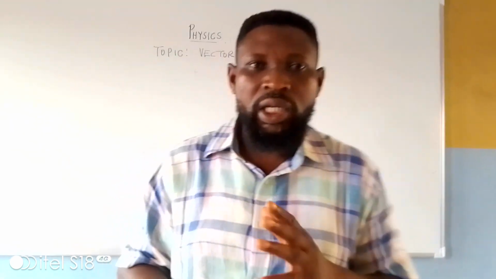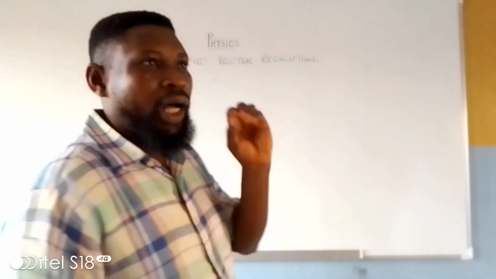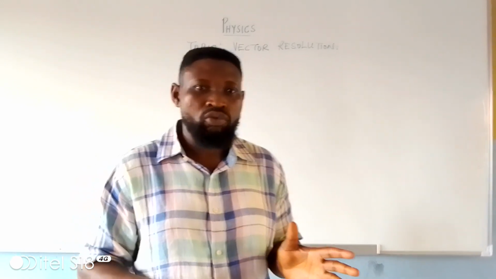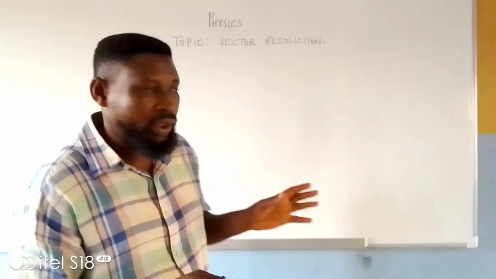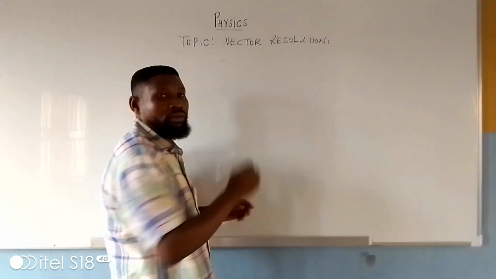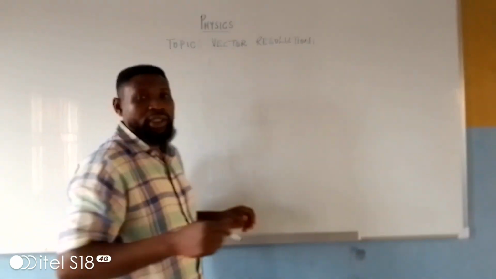The first case is when two forces are acting in the same direction. That's case 1. We can use a diagram to illustrate that. In this case, we have this diagram, which is F1, then we have the second diagram, which is labeled F2.